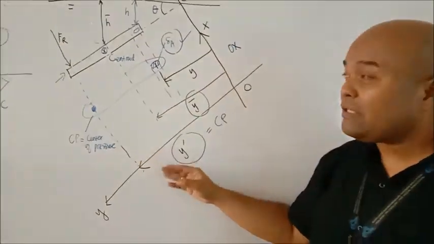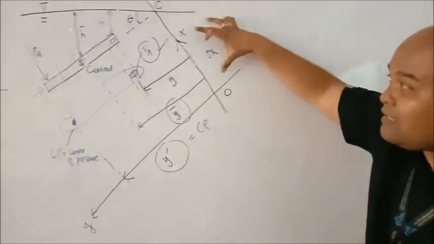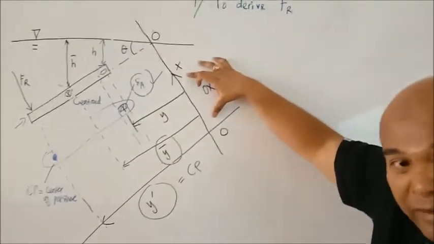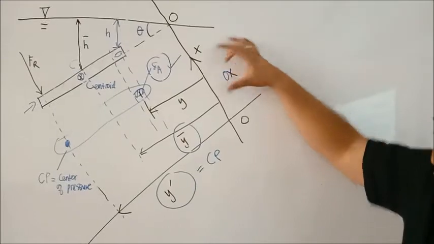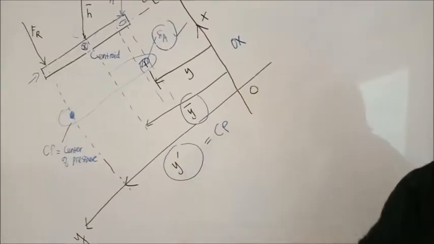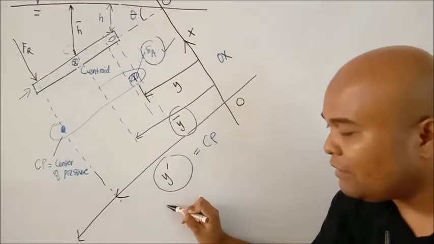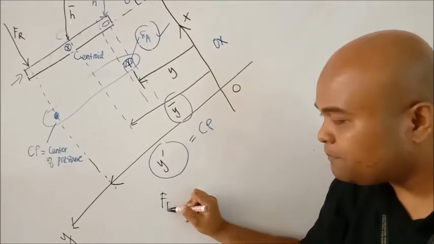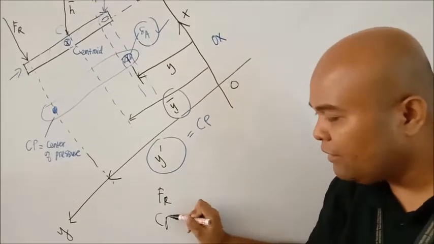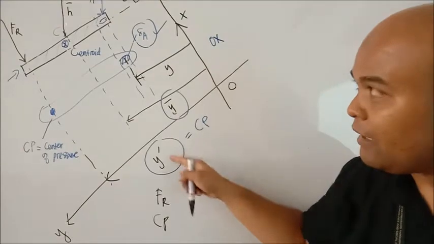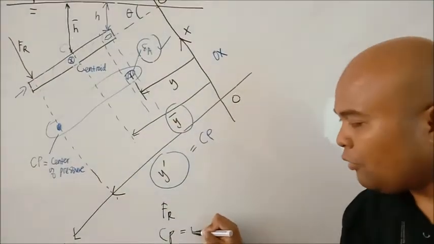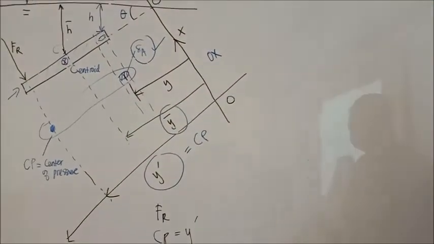And then this is the center of pressure. Dan center of pressure, when we refer to this axis of reference, which is OX kita tadi, ia adalah y bar. Jadi dekat sini kita akan tentukan the FR dan juga CP, yang mana FR ini yang ini dan CP adalah Y prime, ya. Okay.